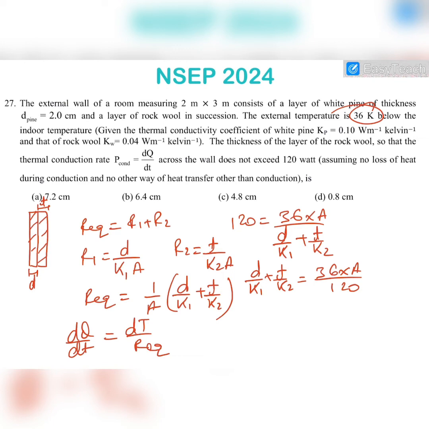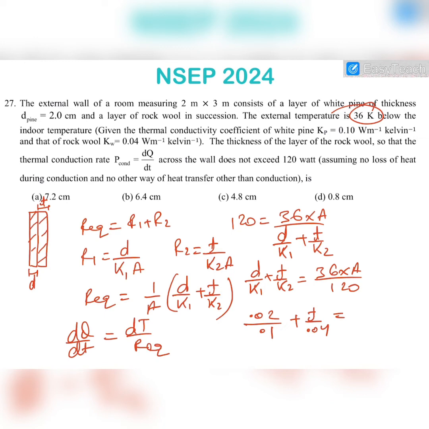D was 2 centimeters, so let us use the standard unit, meters, so it is 0.02 meters, divided by K1. K1 is for the pine, so it is 0.1, plus T, which we have to find out, divided by K2, the rock wool, which is 0.04.